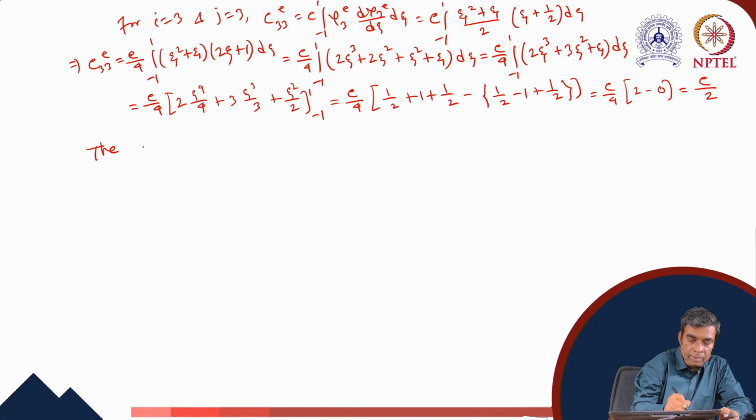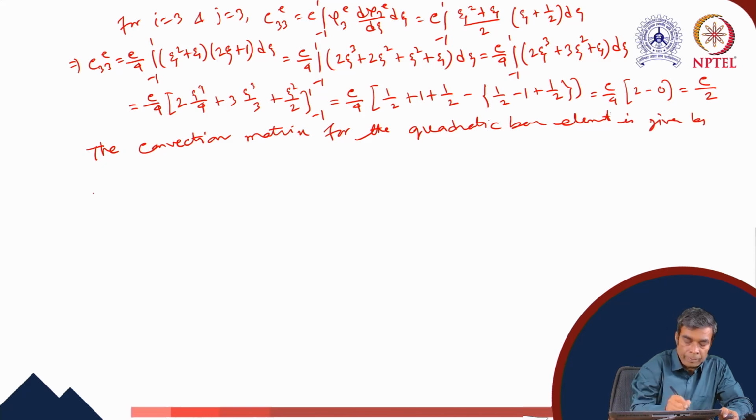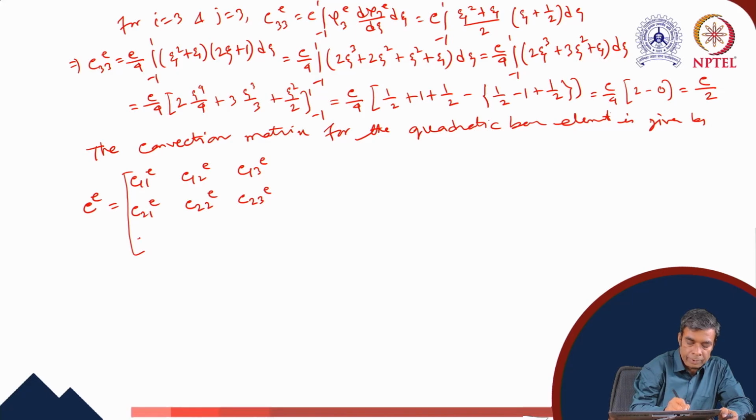The convection matrix for the quadratic bar element is given by Ce equals to C11e, C12e, C13e, C21e, C22e, C23e, C31e, C32e, C33e. We substitute the values here.